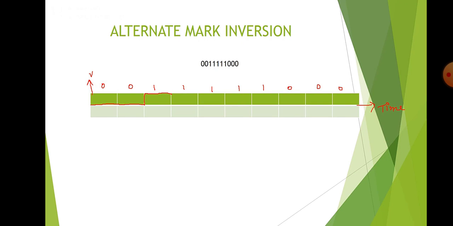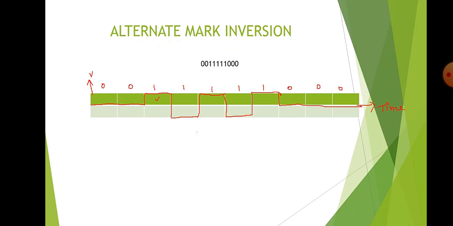Bit 1 can be represented as alternate positive and negative. Here I have considered positive, so now I will consider negative magnitude. Next will be positive, next will be negative, positive, and 0 is neutral, 0 voltage itself.